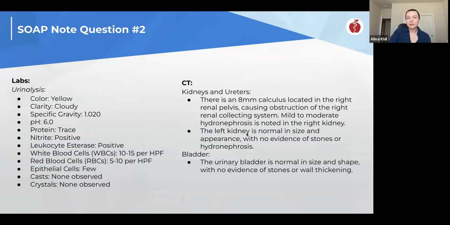We don't have any evidence of stones or hydronephrosis in the left kidney. So really it is on the right side that there is an obstruction. And as you notice, the imaging findings are usually very revealing for pathologies where imaging is necessary. And the bladder looks like it's normal.